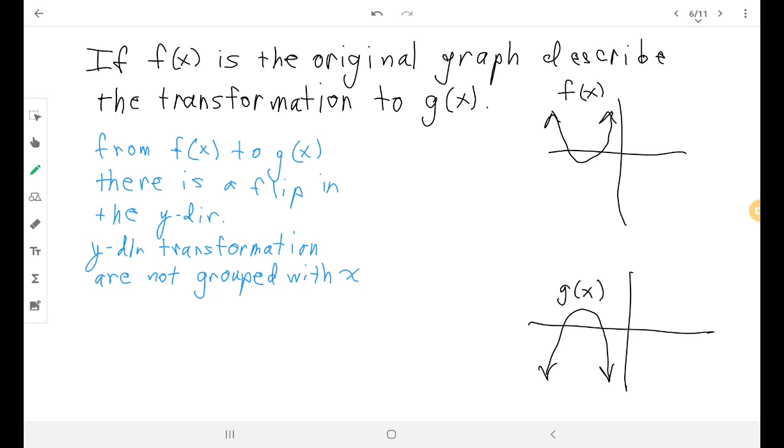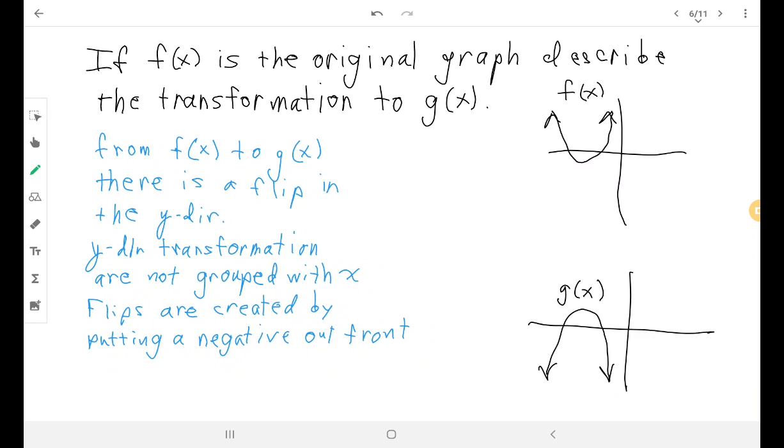Okay? And that goes for this also. And flips are created by putting a negative out front.